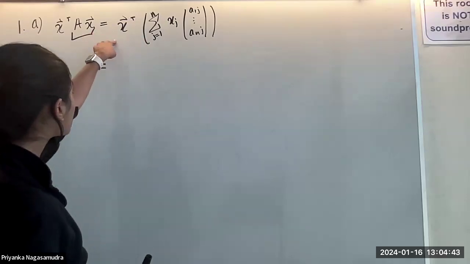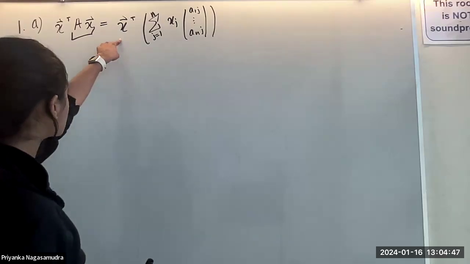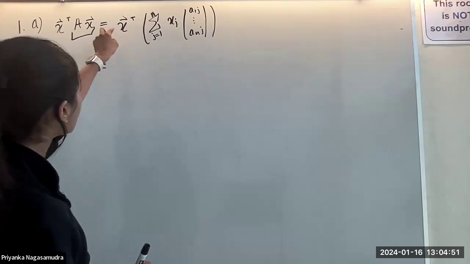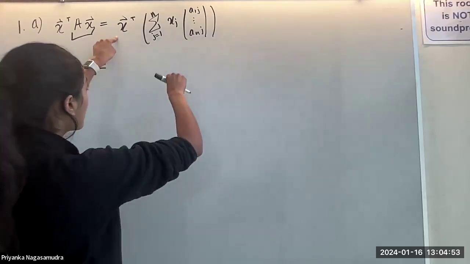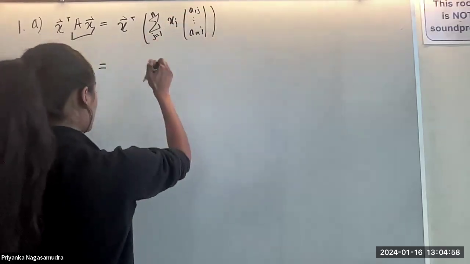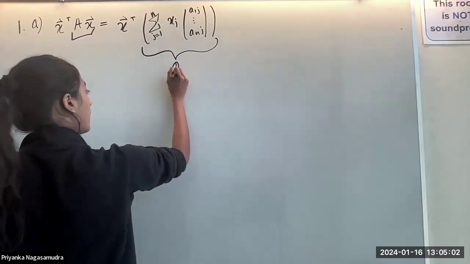So remember the first element of this vector X will be dotted with, or multiplied with, the first element in this vector. Remember this vector right now is still in Rn.